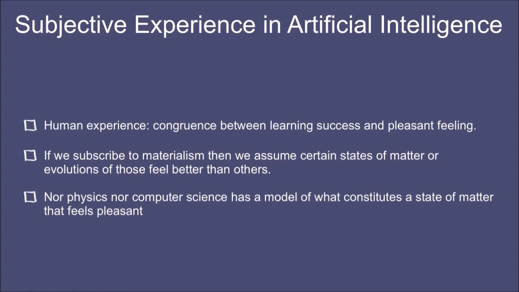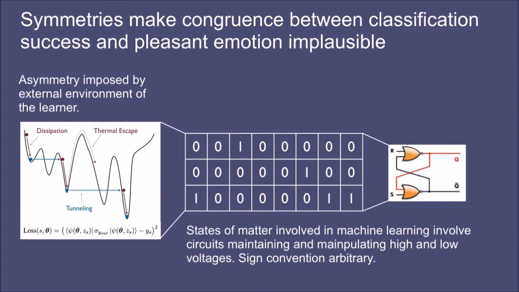We don't really have a model of what constitutes a state of matter that feels pleasant. And I would even argue that, not knowing this, I think we can make some arguments why a machine learner is unlikely to have this congruence between success in pattern classification and pleasant feeling.